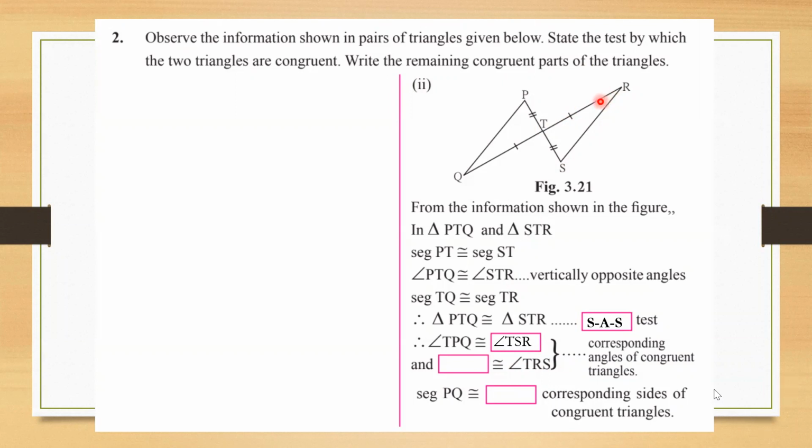Okay, so in the second example, you can see both the triangles are given attached at one point. From the information shown in the figure, in triangle PTQ, let us trace the triangle PTQ.